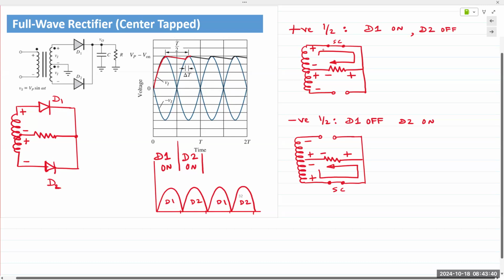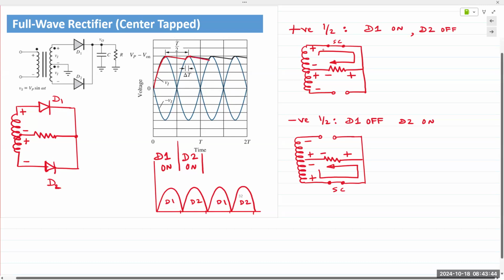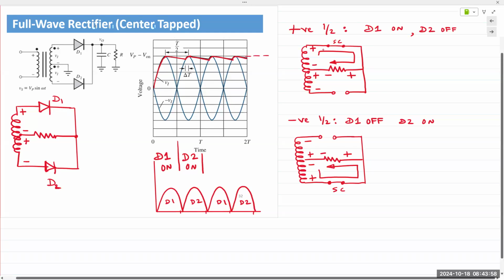Then goes negative, starts discharging, again at a very slow rate, and then charging, and the cycle continues. And we have an almost flat line. Okay, almost flat line. This right here is known as the ripple.